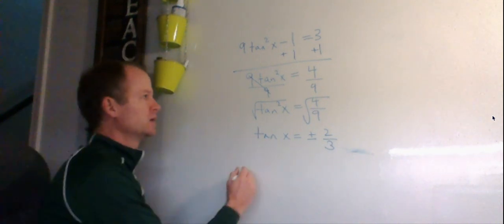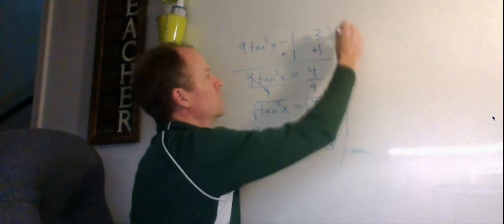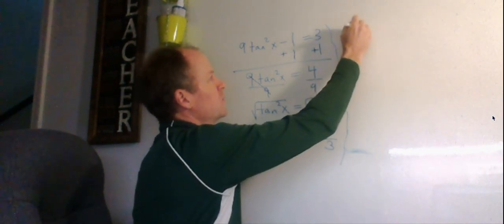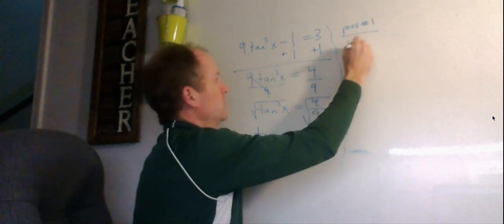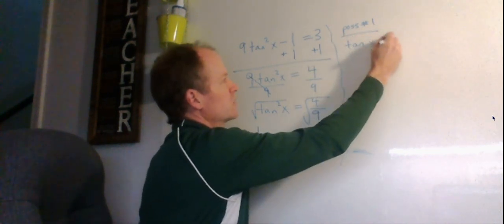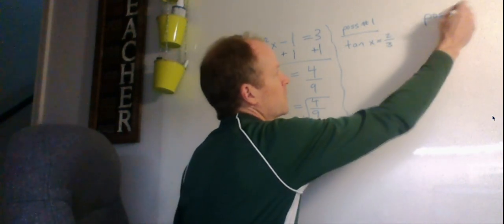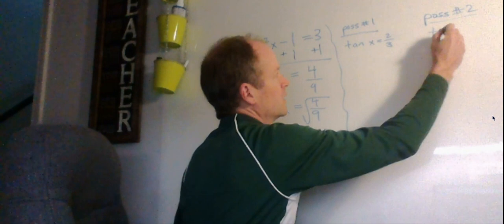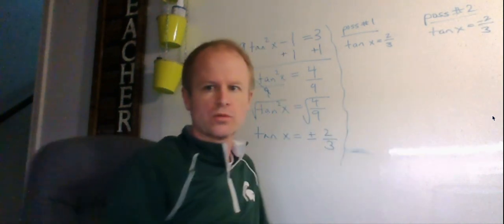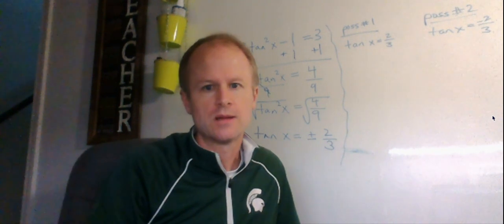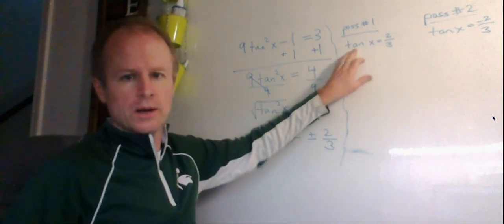Possibility number 1 is that tan of x is equal to 2/3. And possibility number 2 is that tan of x is negative 2/3. So we need to work through both of those possibilities, thinking about the unit circle and what this would look like.